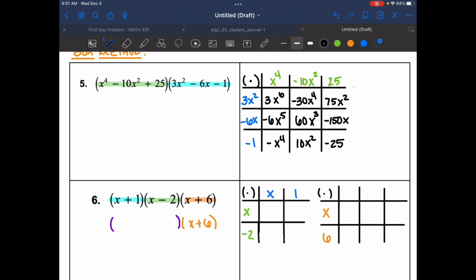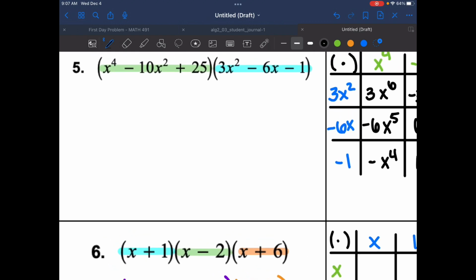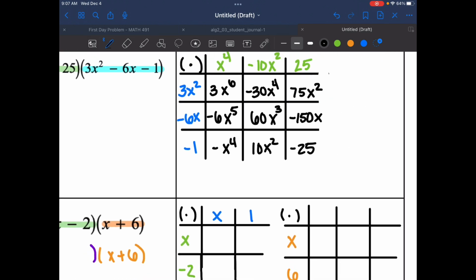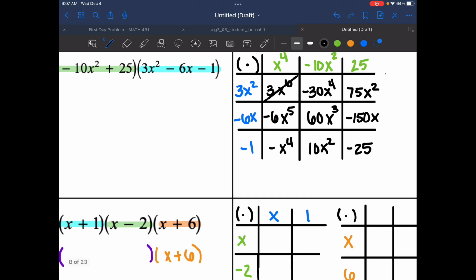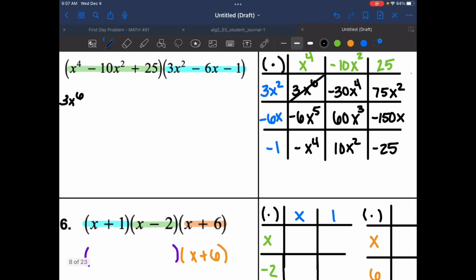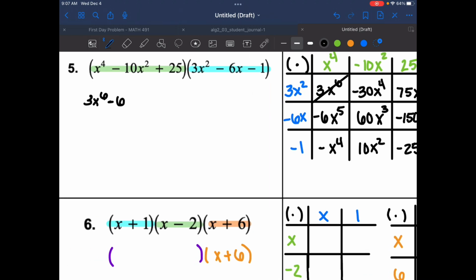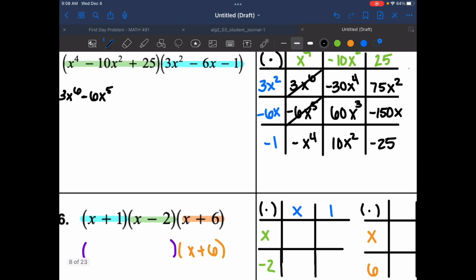We're just going to write them out as we see fit, yeah? So I'm going to do 3x to the 6th because I don't see another one that looks like that, right? Cross it out. I see an x to the 5th. That's going to be minus 6x to the 5th. Okay. I see an x to the 4th.